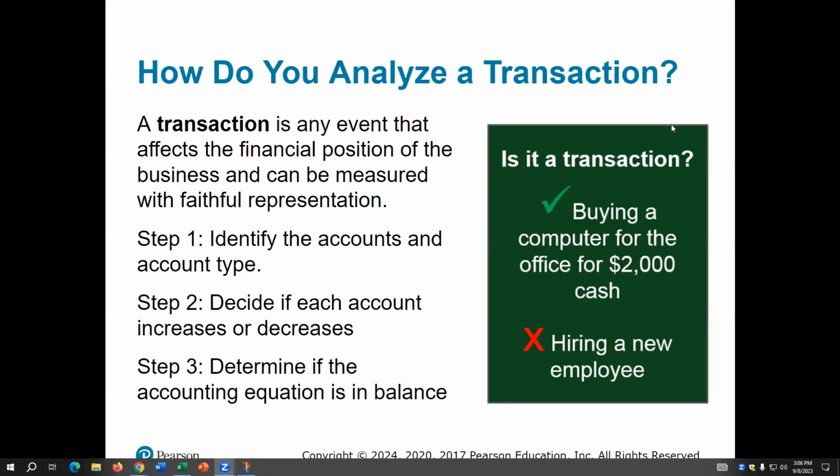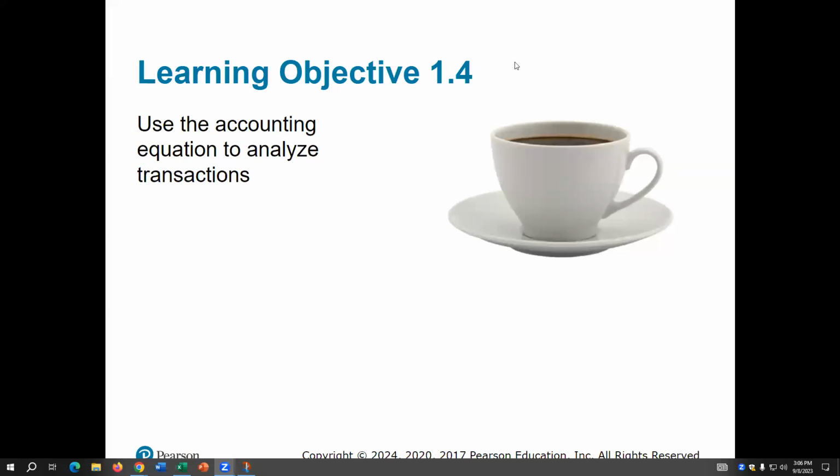Now, deciding if something increases or decreases sounds super simple, but we also incorporate what are called debits and credits into this situation. Looking at the accounting equation, we can record something in any given account with what is called a T account.